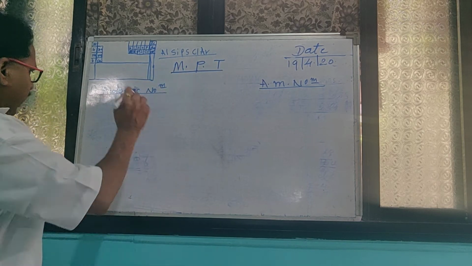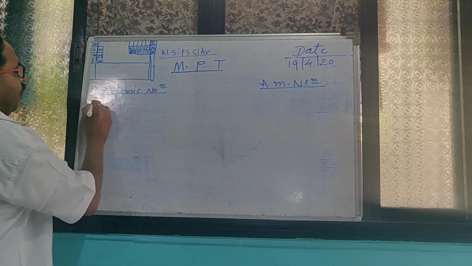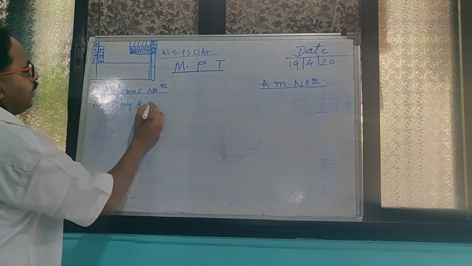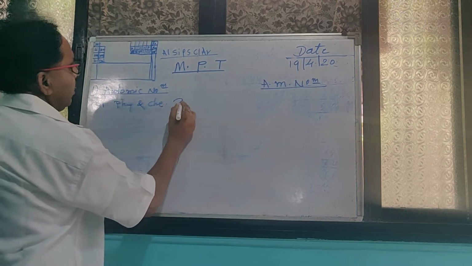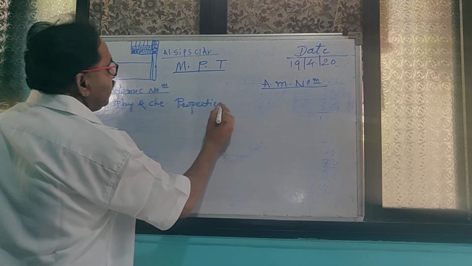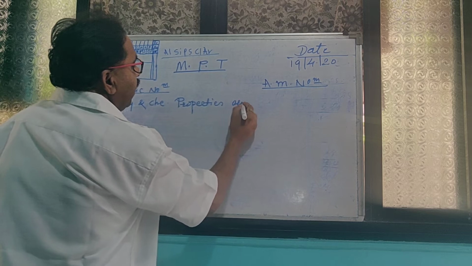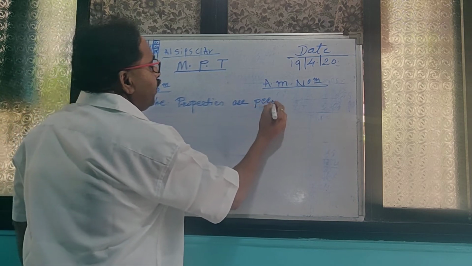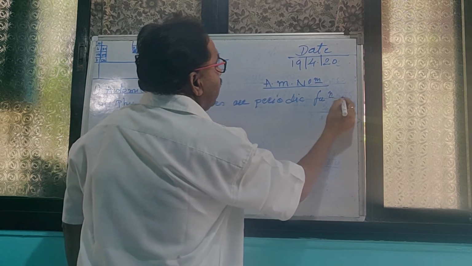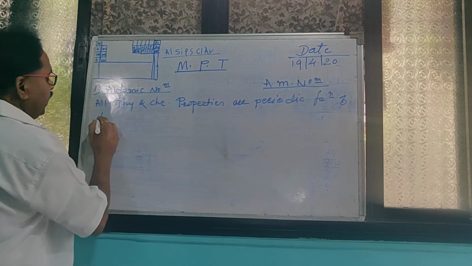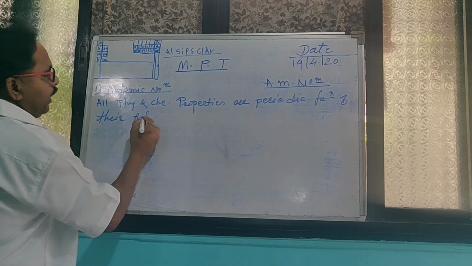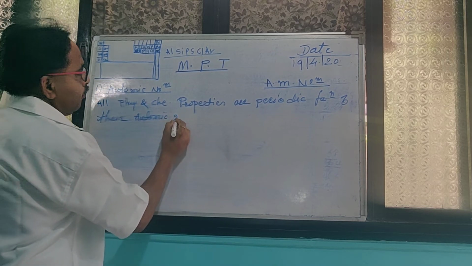According to Moseley, all physical and chemical properties are a periodic function of their atomic number.